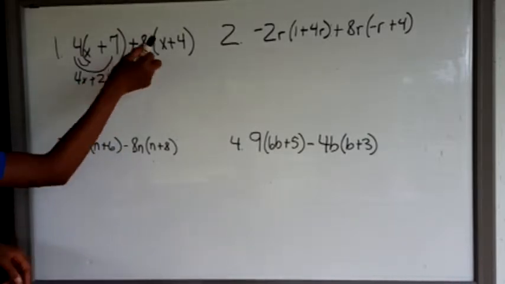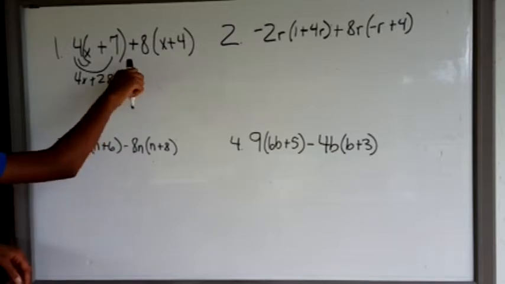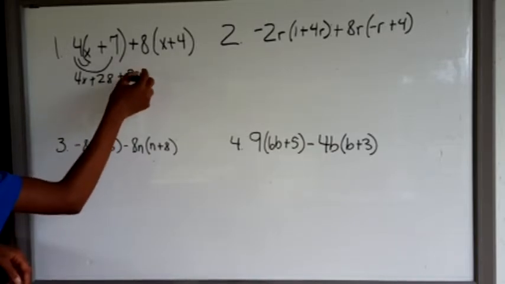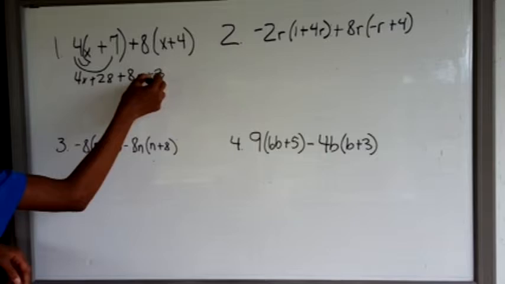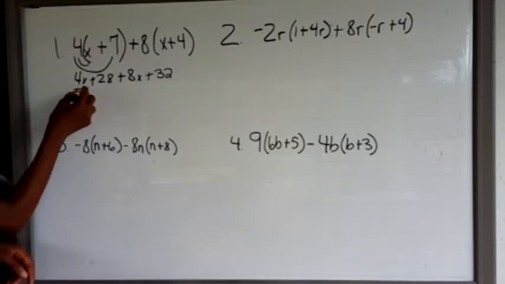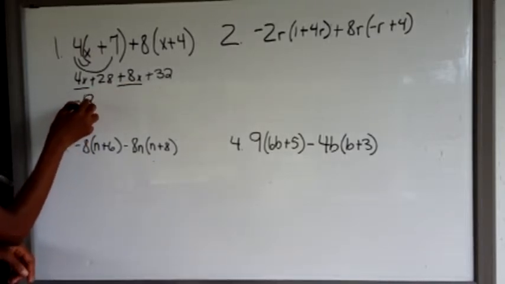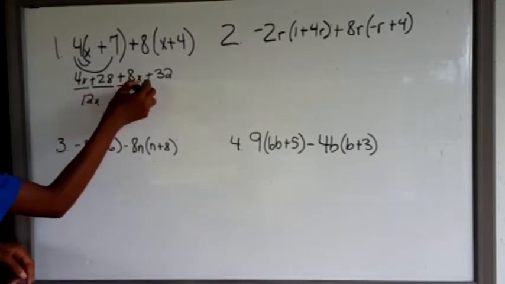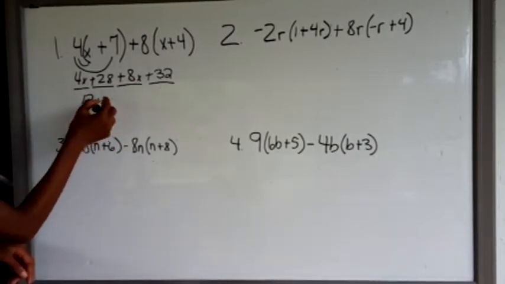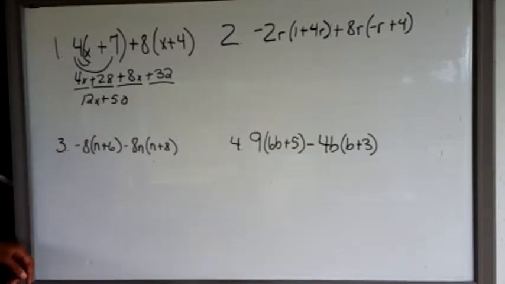And then we have positive 8 times x, that's positive 8x. And then 8 times 4 is positive 32. Alright, so now we combine our like terms, 4x and positive 8x. That's going to be 12x. And 28 and positive 32 is going to be positive 60.